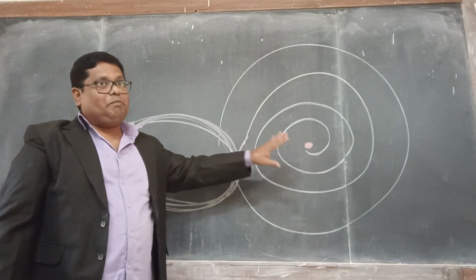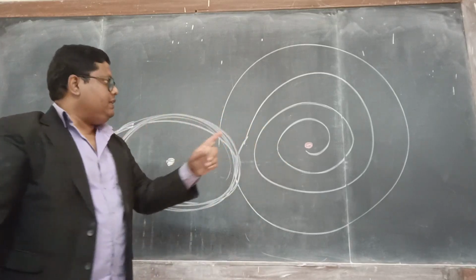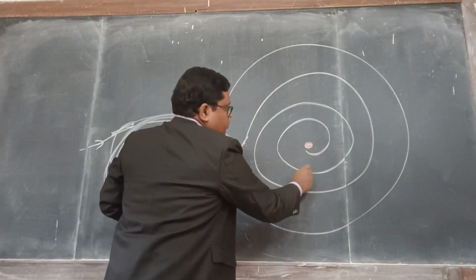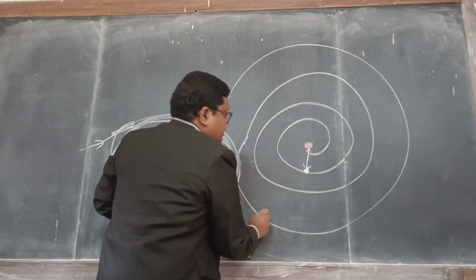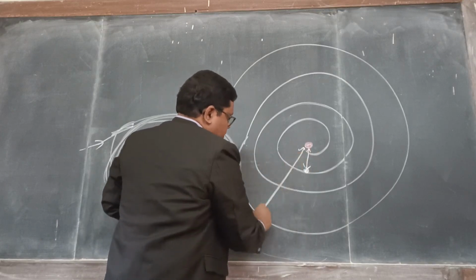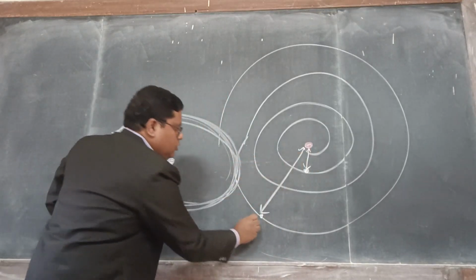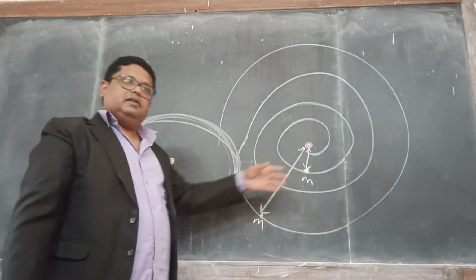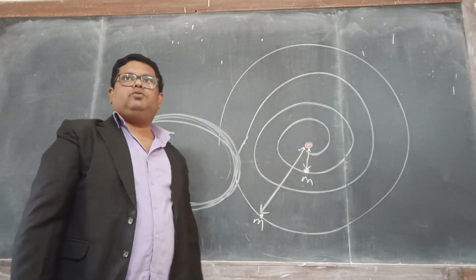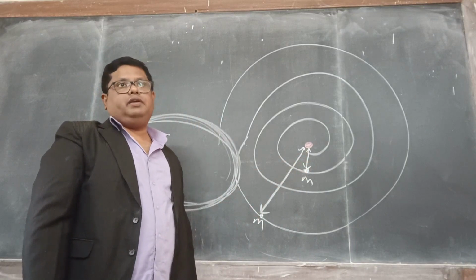It is spiral in nature, but think of it like this: take two points in the spiral, with different radii, for the same mass. What is the difference between the two?